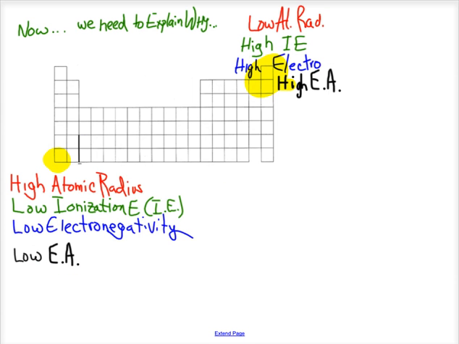So in summary, if you look at the periodic table, there are regions where the atomic radius is lowest. Along that same line is where the ionization energy, the electronegativity, and the electron affinity are at their max. And then conversely, in other regions of the periodic table, the lower left corner, the reverse trend exists.